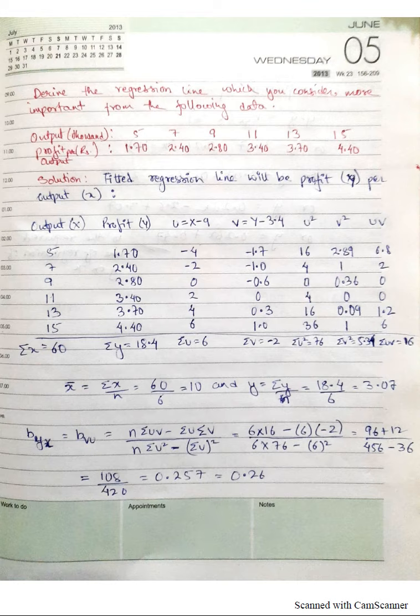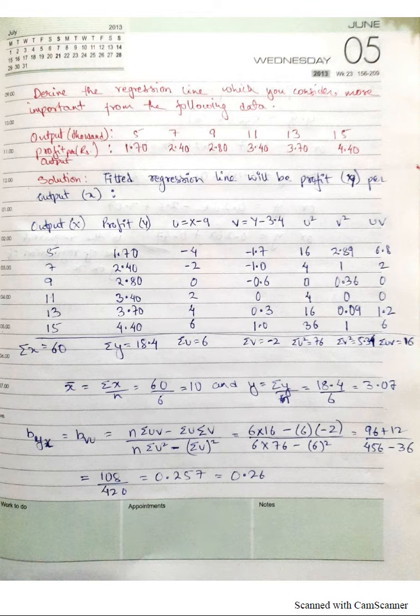So what we do here is, first, when we find the regression line of y in terms of x, what we have to find? We have to find the regression coefficient of y on x, since we will be finding the regression equation of y on x, because it is important here that we know how much profit can be earned by producing different amounts of output.